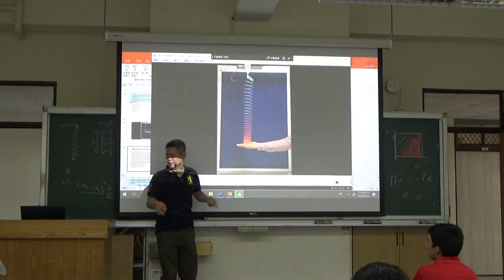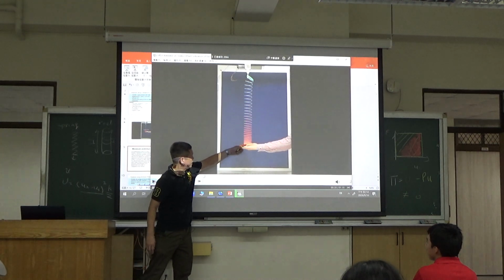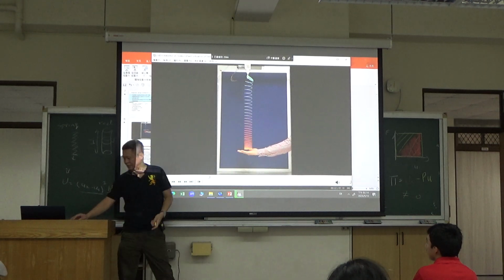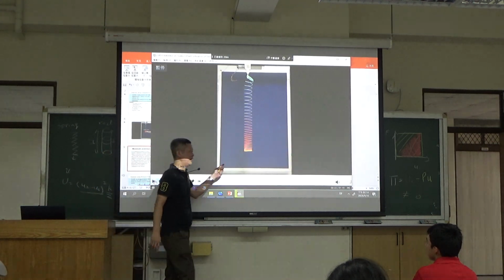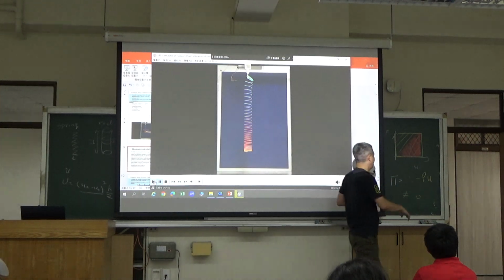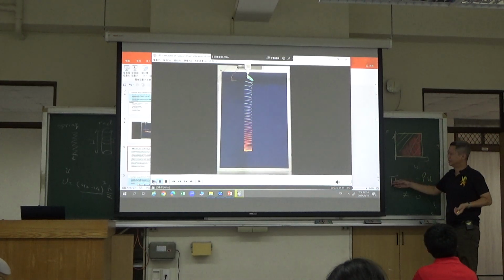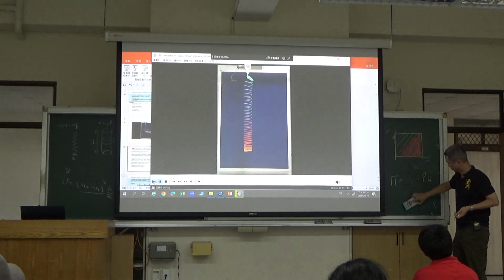So eventually, you settle to this balanced position. Only at the balanced position is the difference between the two 0.